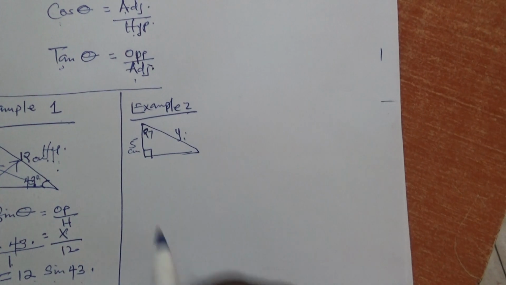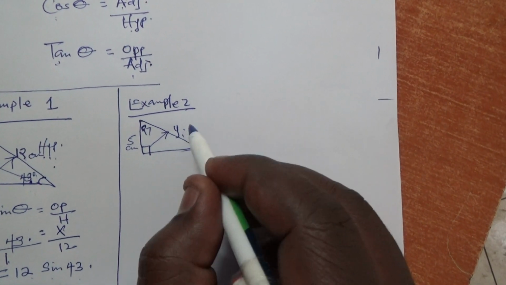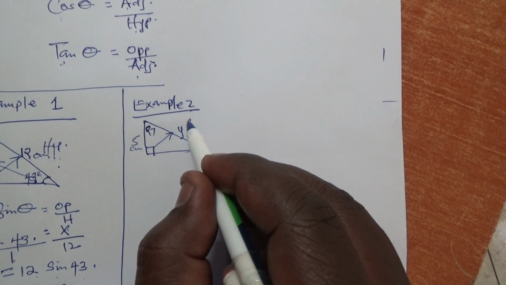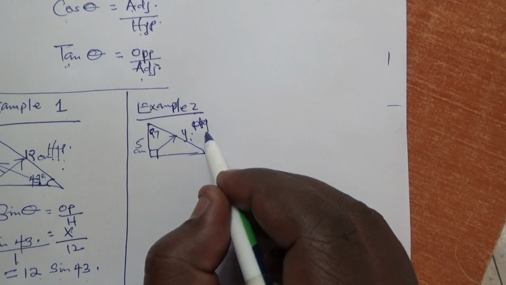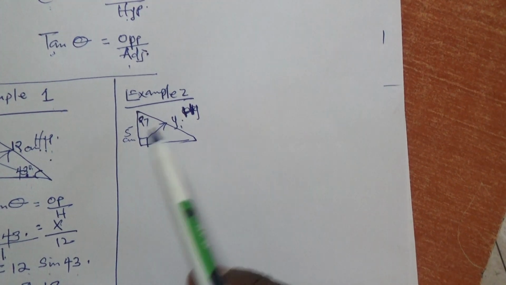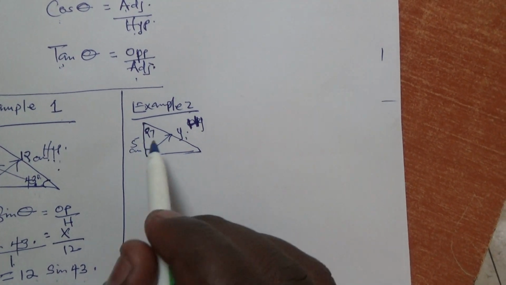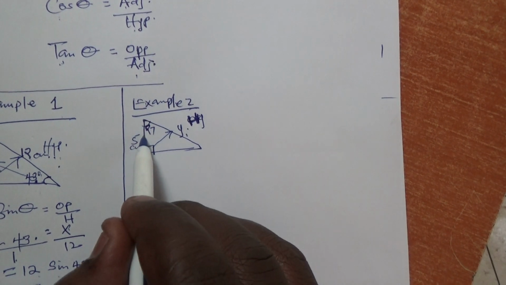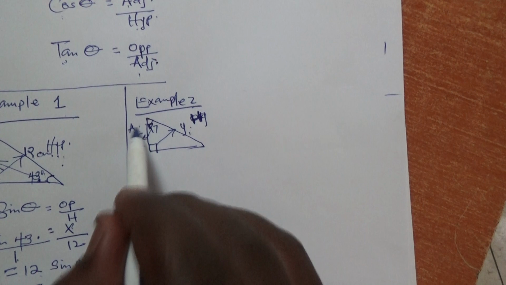You know very well that this one is the opposite. Okay, no, this is the hypotenuse. Hypotenuse is always the one which is directly opposite the right angle, and then in relation to this angle, this is going to be the adjacent.